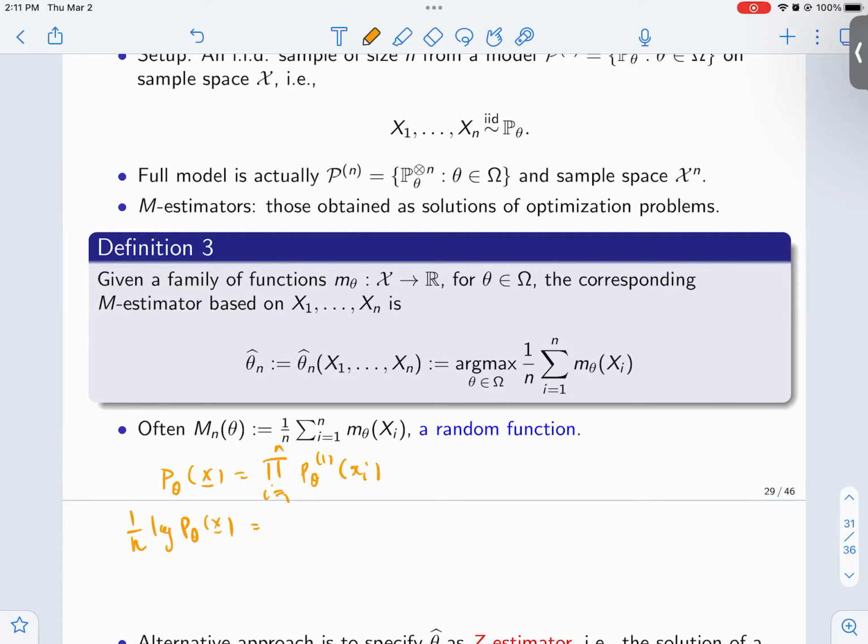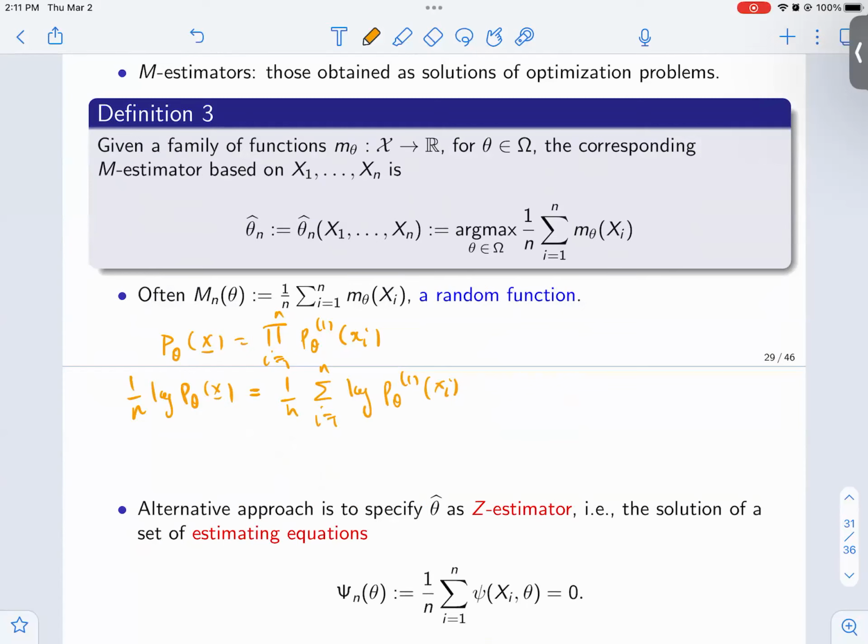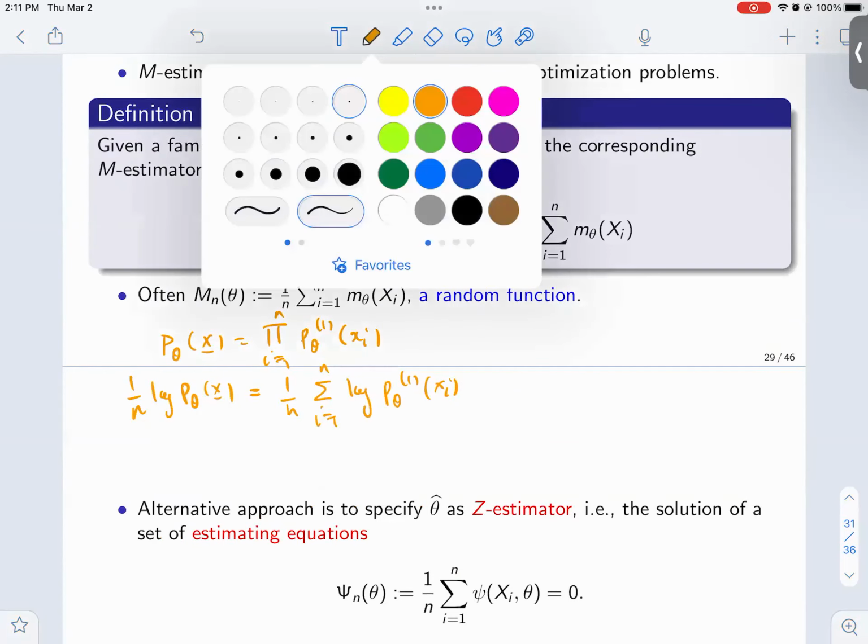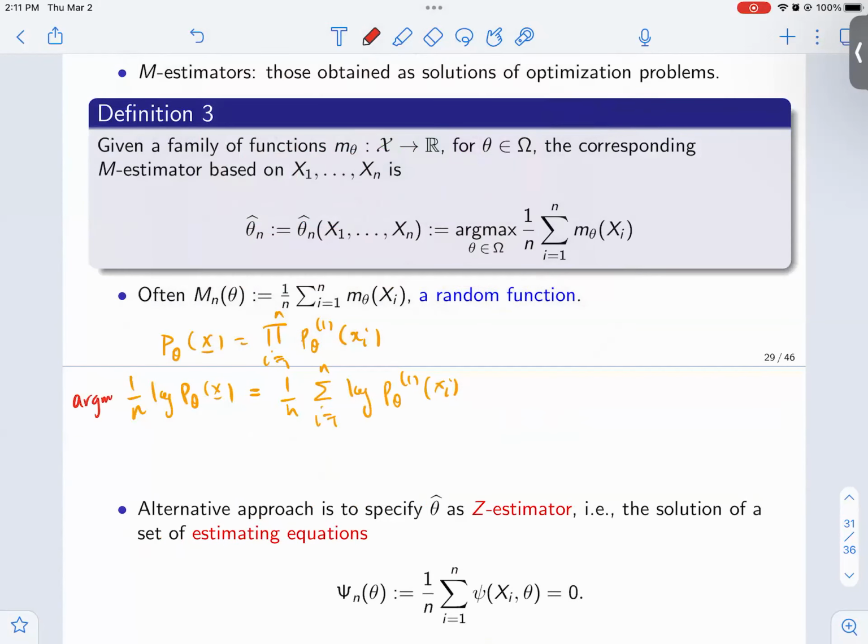That doesn't change the maximizer. Remember, the likelihood is defined up to a constant multiple, and also because I care about the maximum, it doesn't matter if I normalize it. So I get the average of log p theta of x_i, and you can see that the MLE basically finds the maximum of this, the argmax over theta in the parameter space.